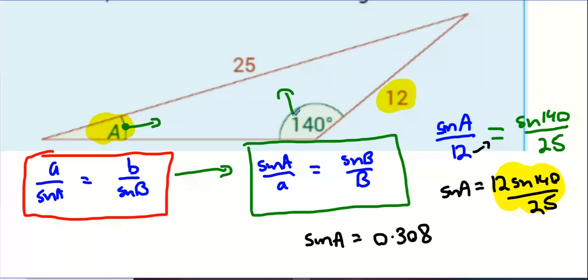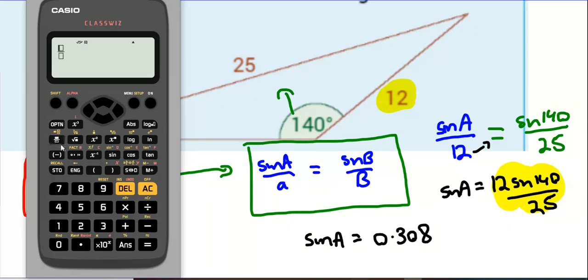If 140, yeah. Fraction button 12, sorry, 140. I'll show you.